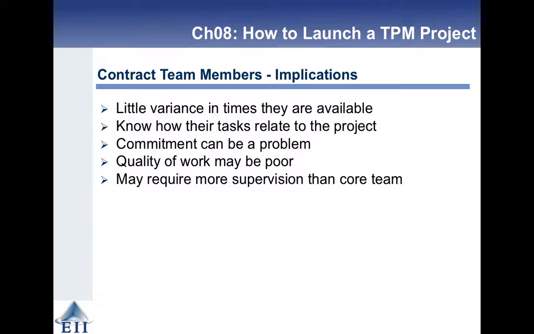You need to keep an eye on the quality of the work, and the bottom line is they may require more supervision than the core team. The core team will live or die on the execution of the project, whereas sometimes the contract team, it's not necessarily in their complete interest to do everything correctly. So you need to be a little vigilant.